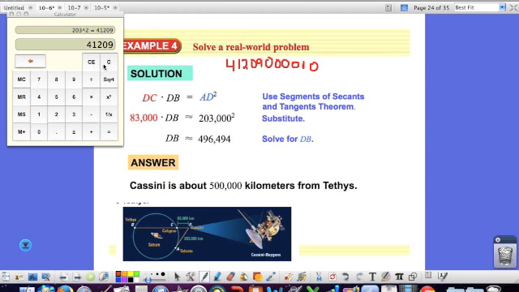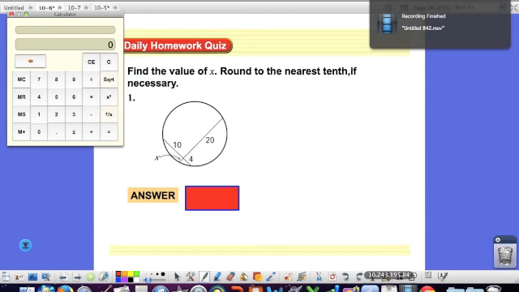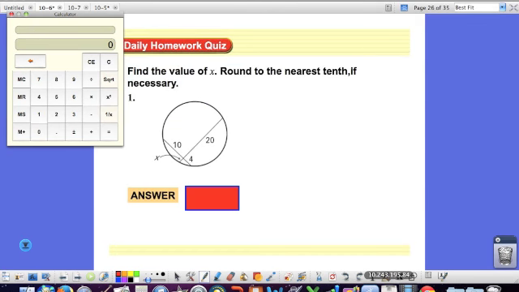We're going to divide that by 83,000. And when we do this, we're going to then have to adjust our zeros. So remember, we should have had 6 zeros on that original number. So if I add 6 zeros on here, I'm going to have 496,494.